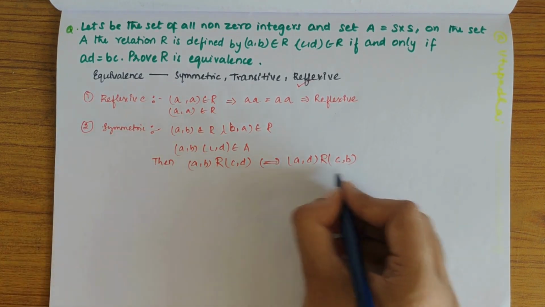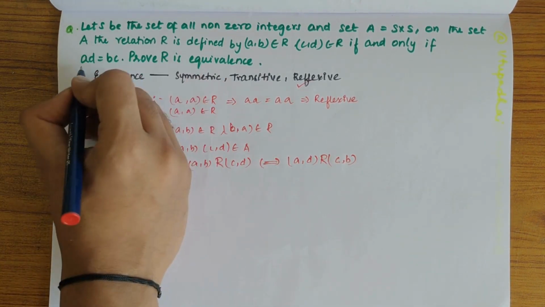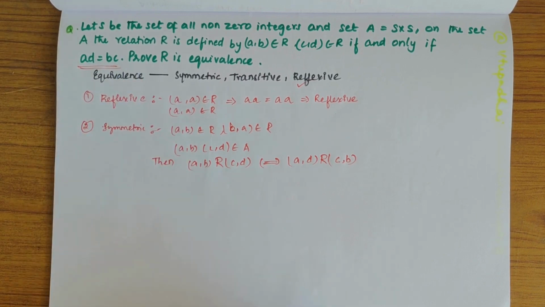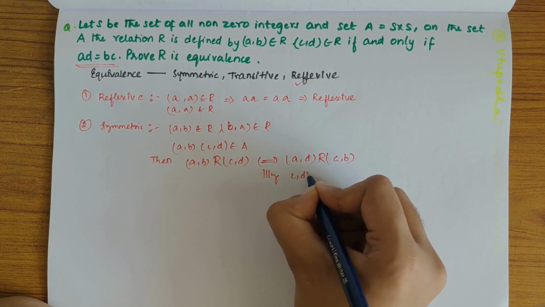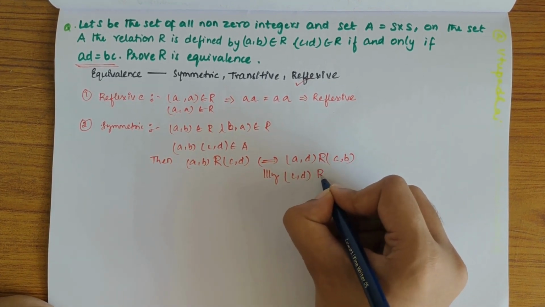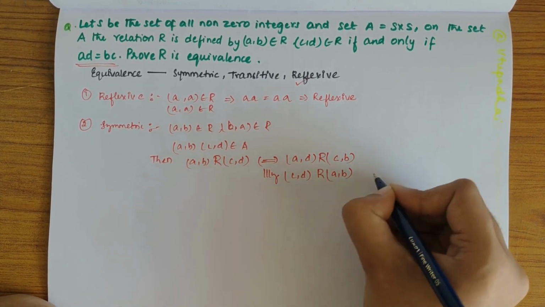We have to understand this because in the given condition they have said AD is equal to BC. So similarly, we can write (c, d) related to (a, b).